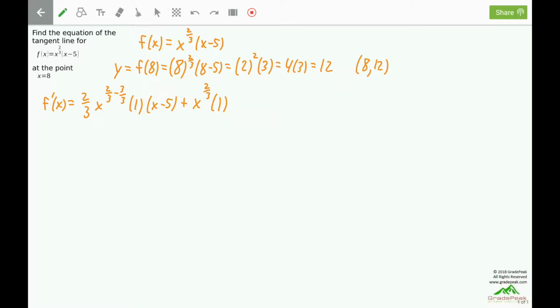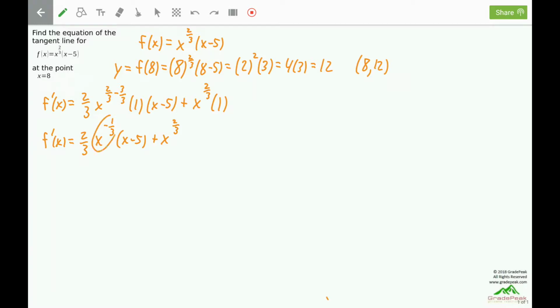We only need to simplify this as much as needed to be able to plug in the x coordinate of 8. So I will have to simplify it a little bit here, since we have 2/3 x raised to the 2 minus 3, negative 1/3, times a 1 we don't need to write, times x minus 5, and then plus an x to the 2/3 times a 1, which is just x to the 2/3.